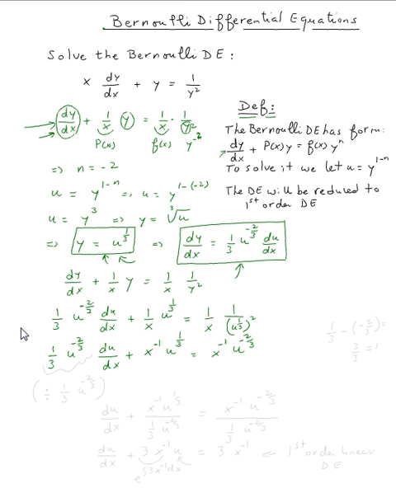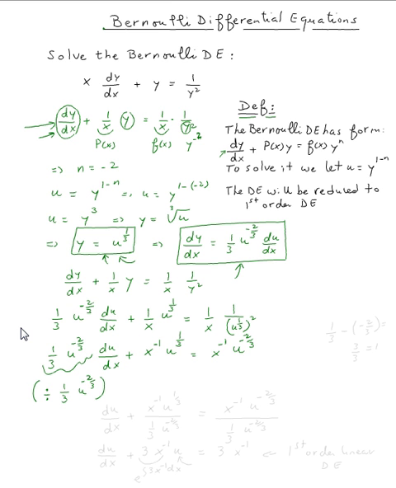Now of course, to make sure this is linear and has that form, we need to get rid of this term. In other words, we need to divide by 1/3 u to the negative 2/3.